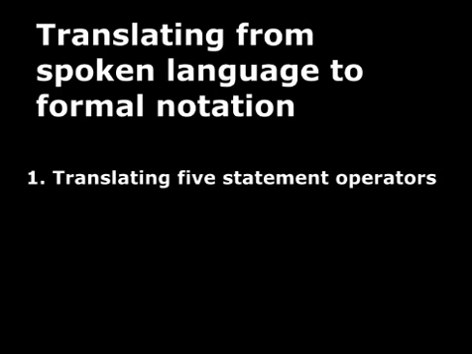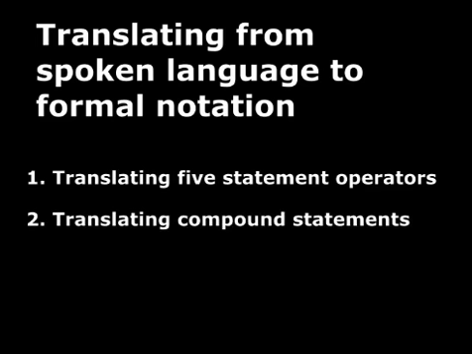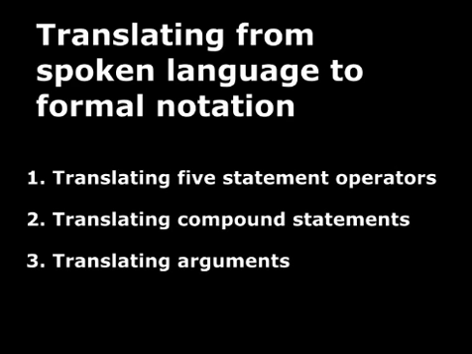So what we want to do now is we want to translate from spoken language or natural language into a formal notation. Okay, and the way we're going to do that is first by translating the 5 operators into formal notation. And then once we've done that, we'll be able to translate compound statements into formal notation.